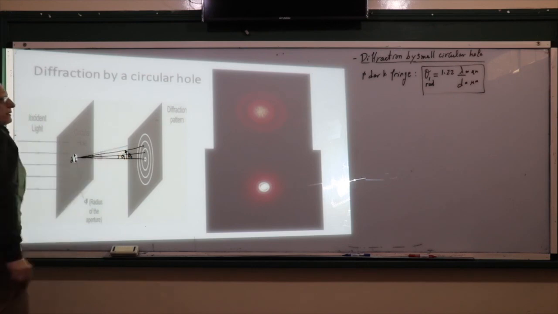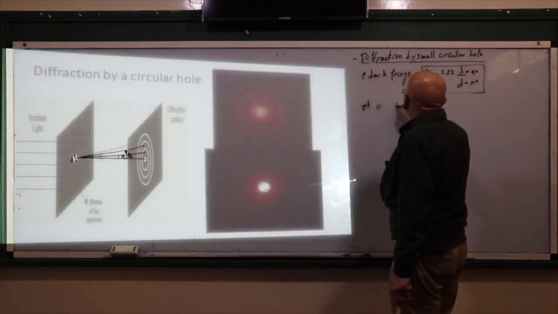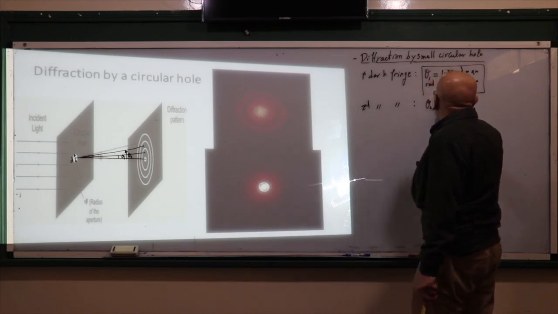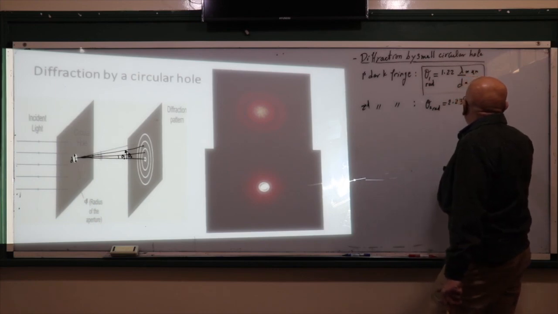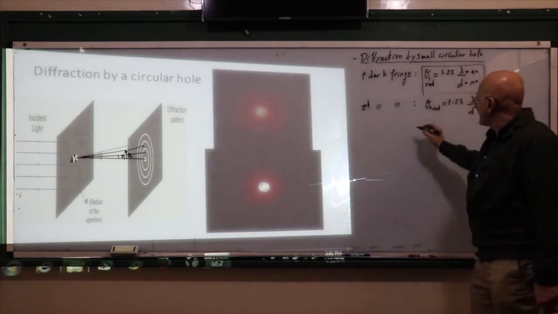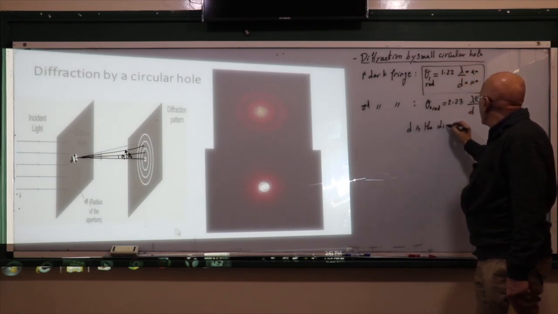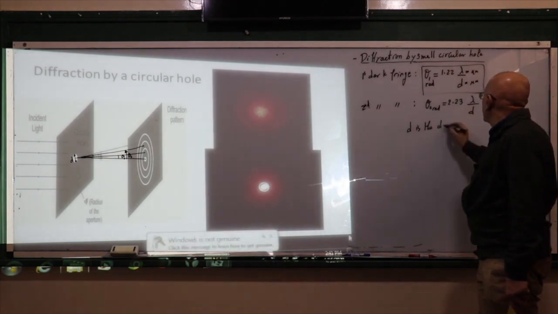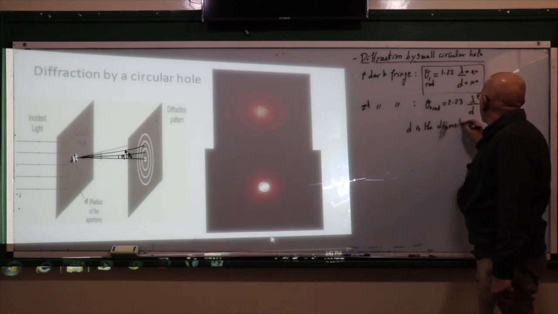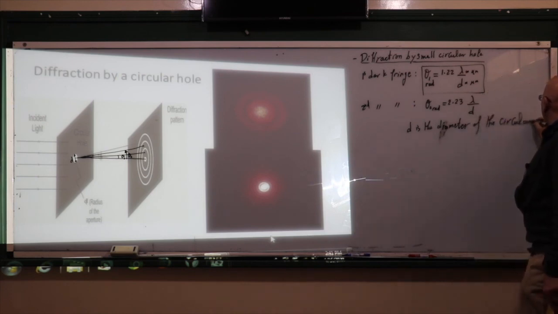Theta 2 for the second dark fringe, in radian, is equal to 2.23 lambda over d, and here d is the diameter of the circular hole.